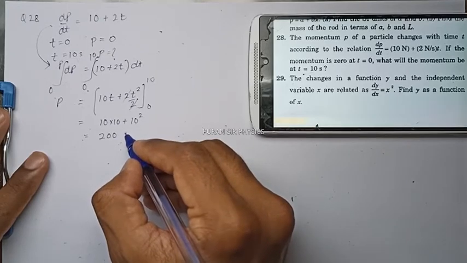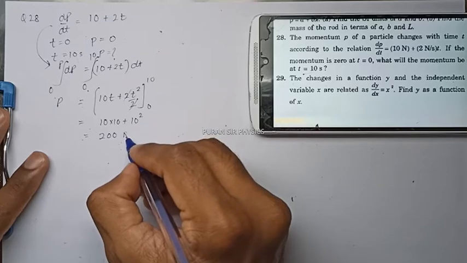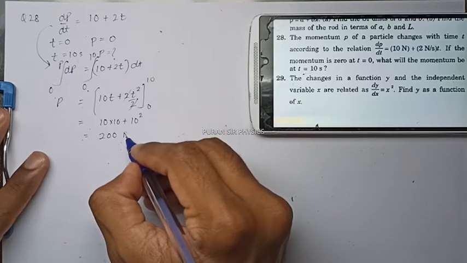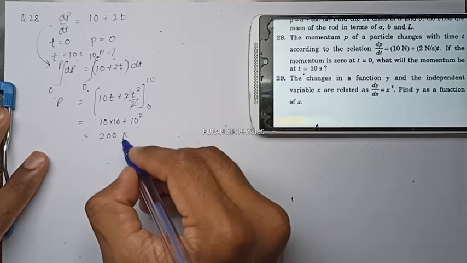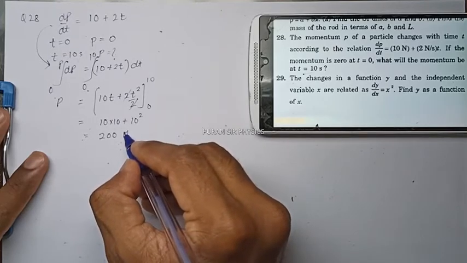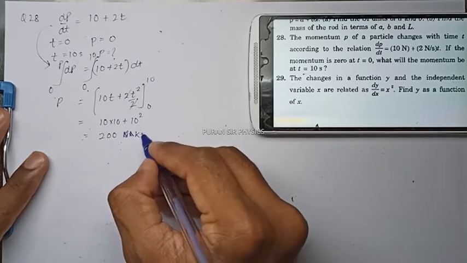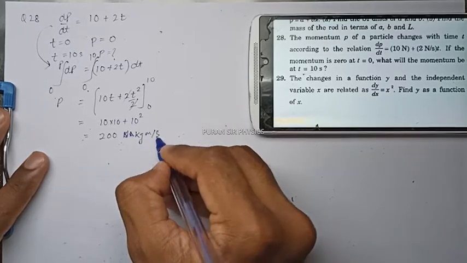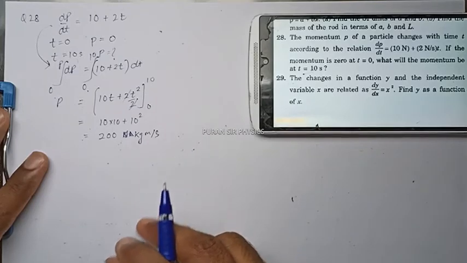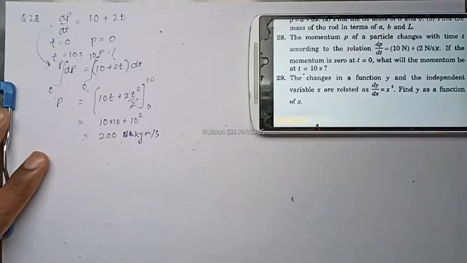Okay, so it will be 200 momentum, in kilogram meter per second. So we can write like this. So this is the answer of question number 28.